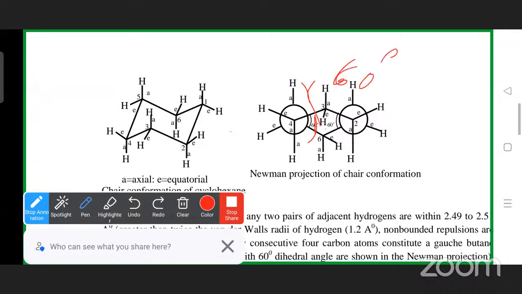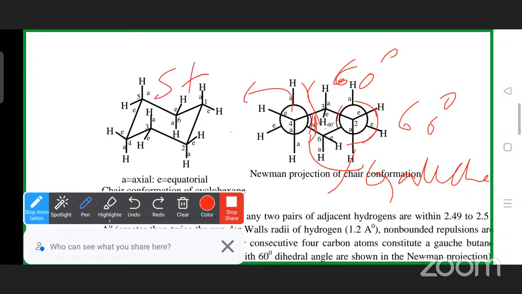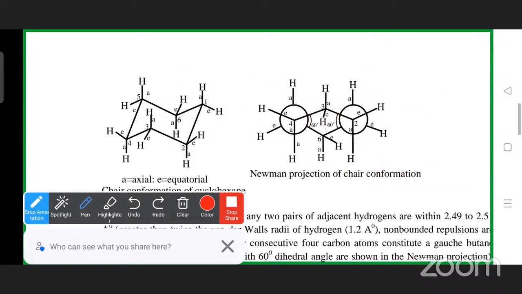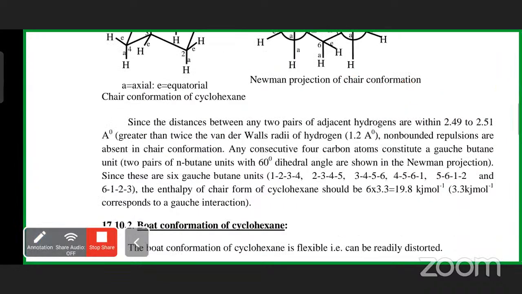So these are in the Gauche relationship. All these hydrogens are 60 degrees and Gauche. Here also Gauche, here also Gauche. So everything is Gauche, so it is stable.